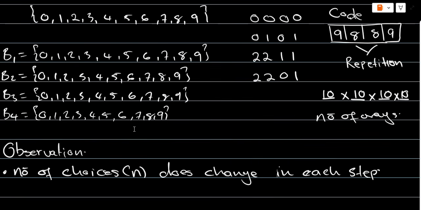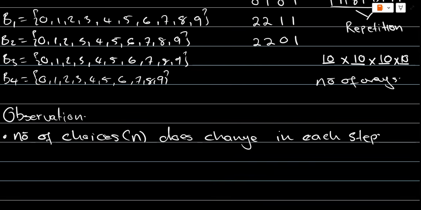What else? What other observation did we make? We see that to calculate the total number of ways that we can perform this task of creating the 4-digit code, we had 10 times 10 times 10 times 10, which is basically 10 being multiplied by itself 4 times.